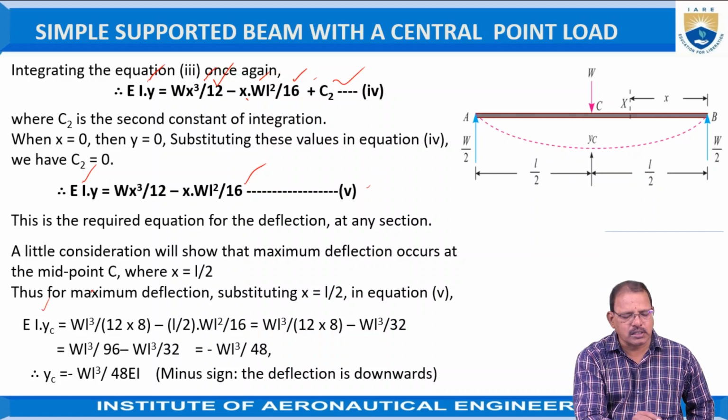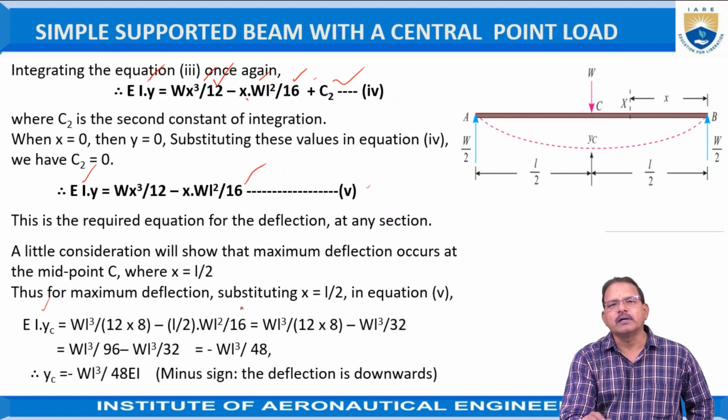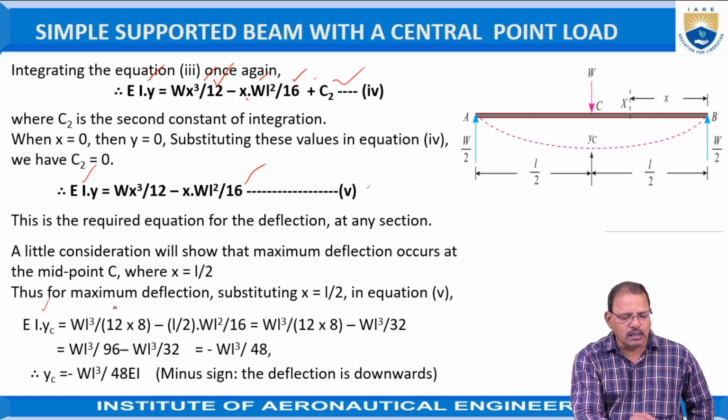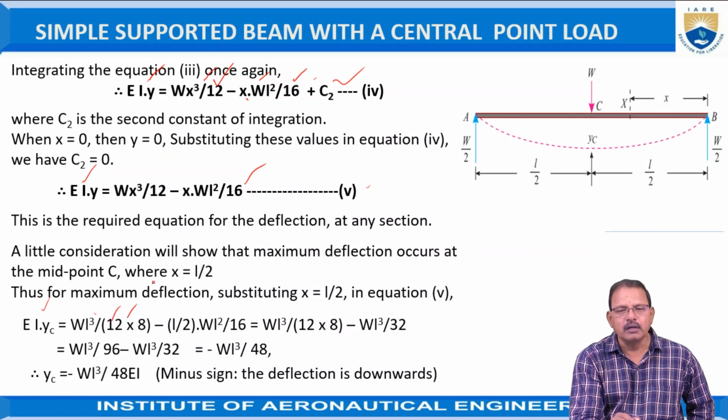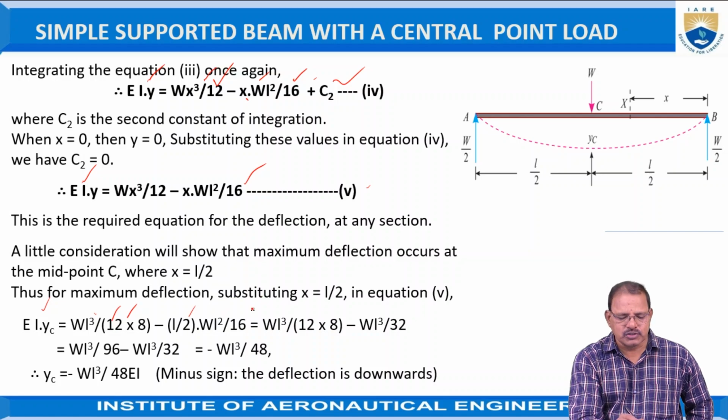So, from this equation, EI into YC, because that is obtained only at the midpoint where the point load is acting. Here EI into YC, on substituting X is equal to L by 2, we got WL cube divided by 12 into 8, minus, with X is equal to L by 2, WL square by 16.